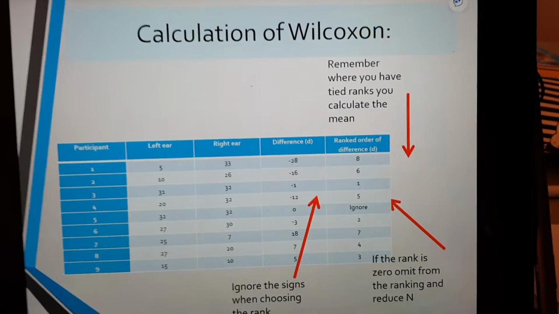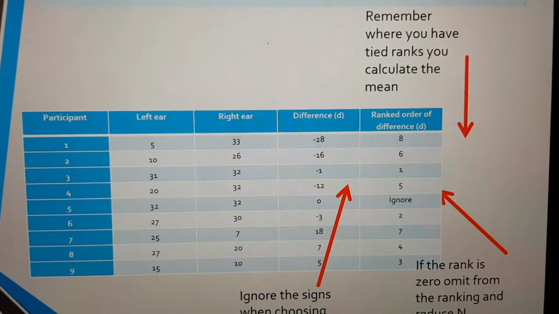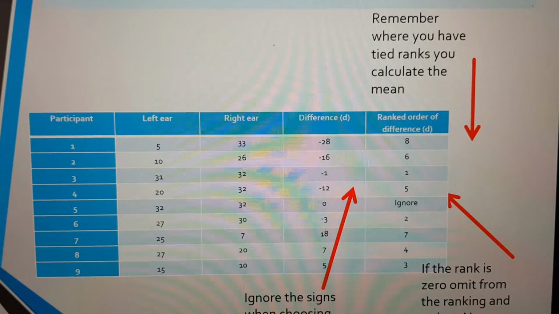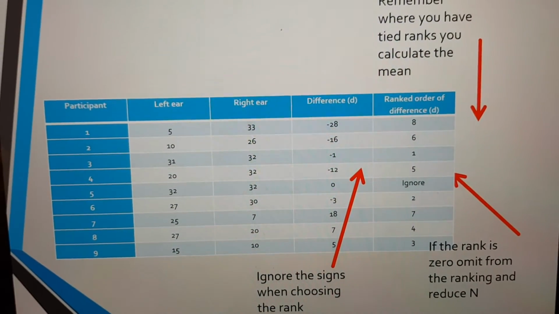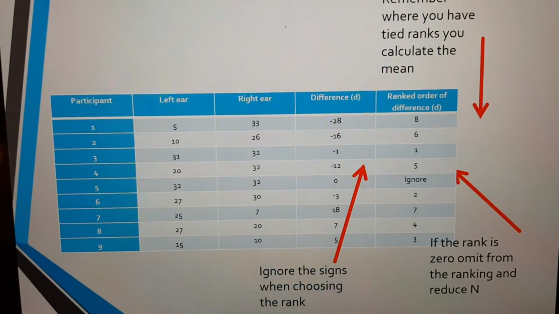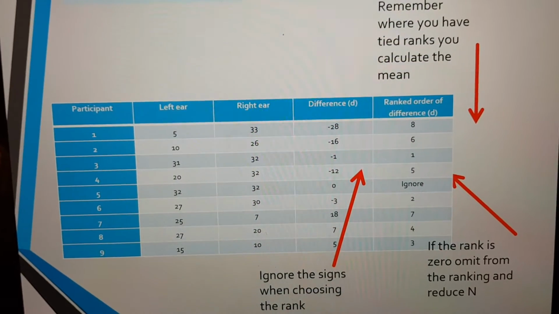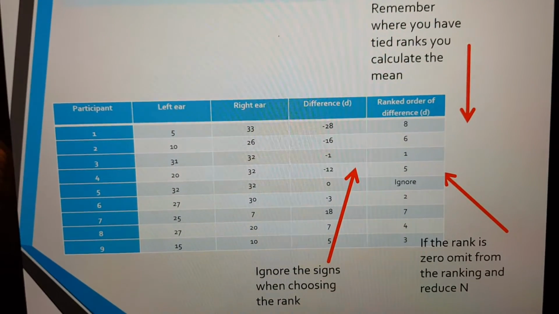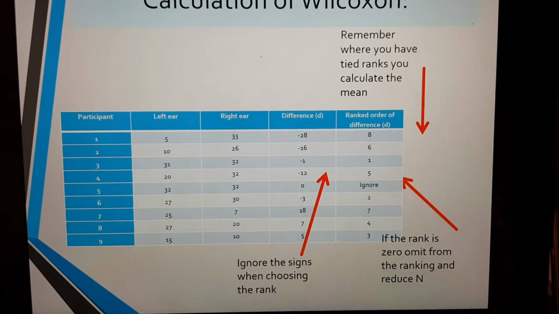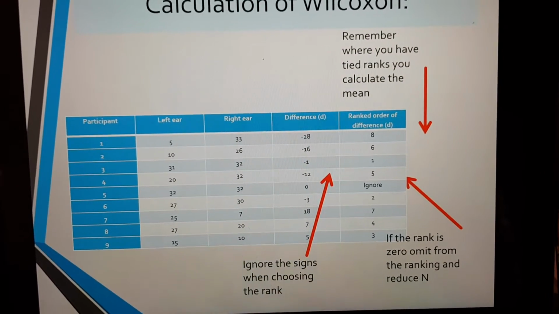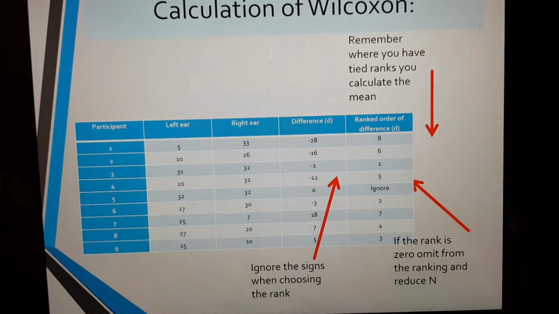So in relation to our example, for participant 1, we're going to look at the difference first, that difference column, and we've got that value from taking 33 from 5, which has given us -28. For participant 2, we've taken 26 from 10, and that's given us -16. And then once we've got all our differences, we rank them from low to high.